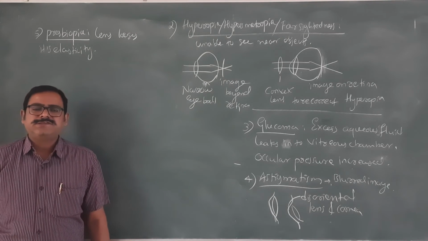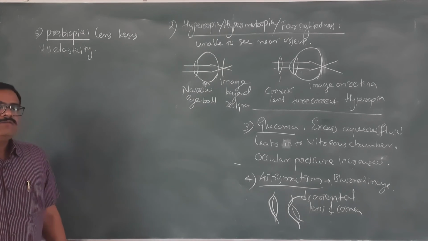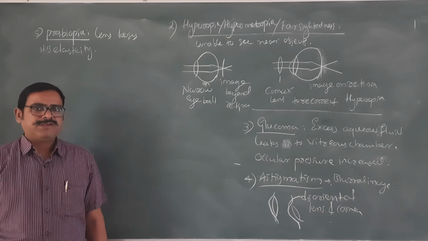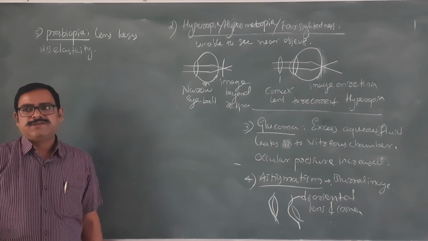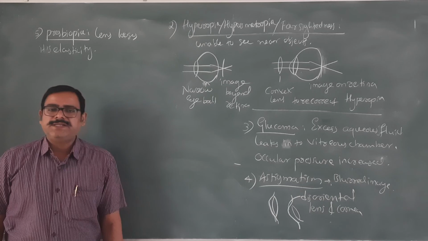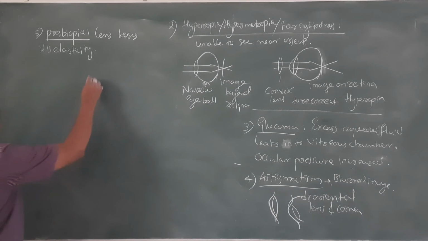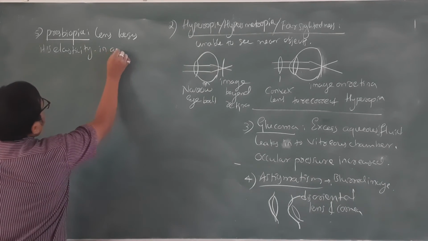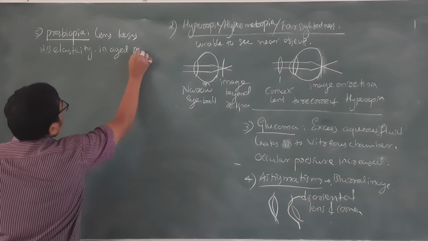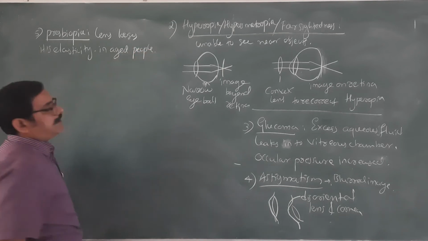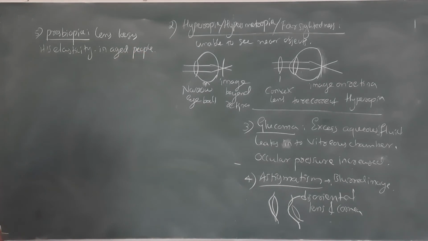When that loses its elasticity, a person will have blurred image formation and cannot see things clearly. This happens mainly in aged people after 40, who then have to wear spectacles. That's called presbyopia.